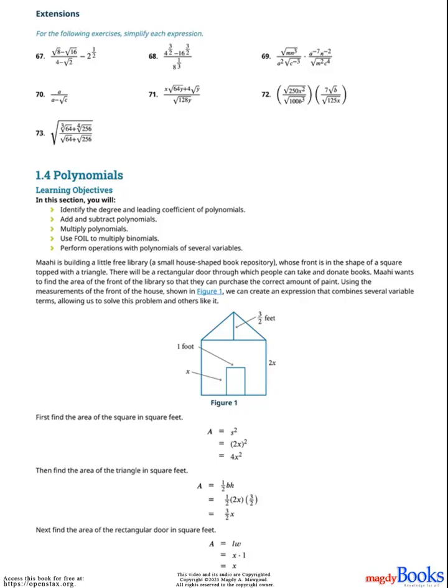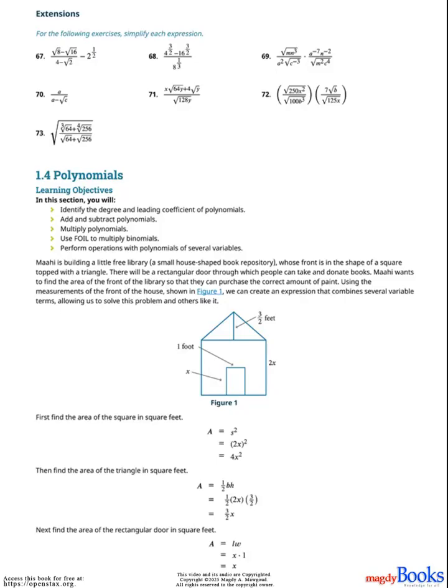70. a over a minus square root of c. 71. x square root of 64y plus 4 square root of y over square root of 128y. 72.